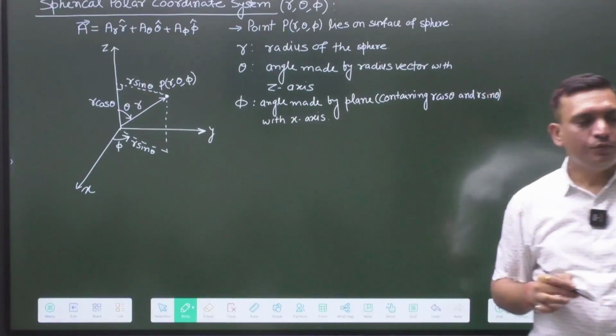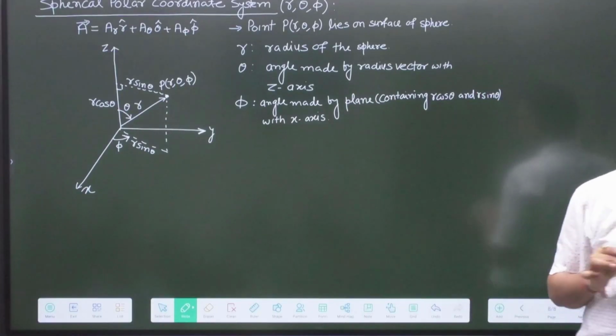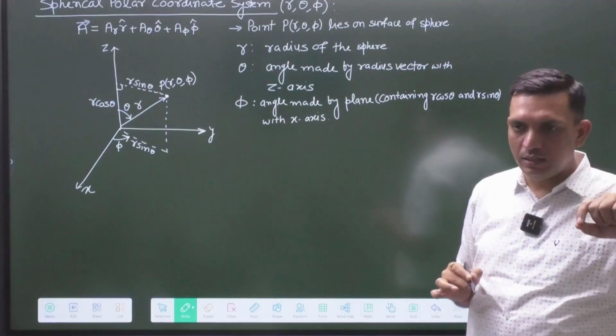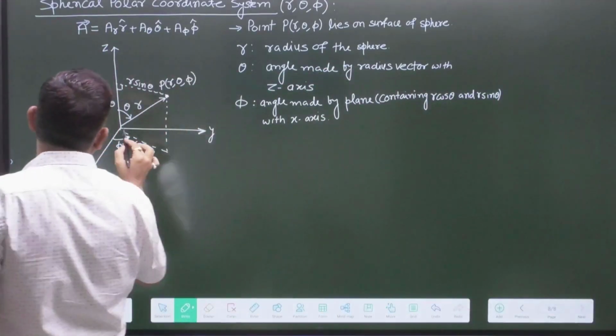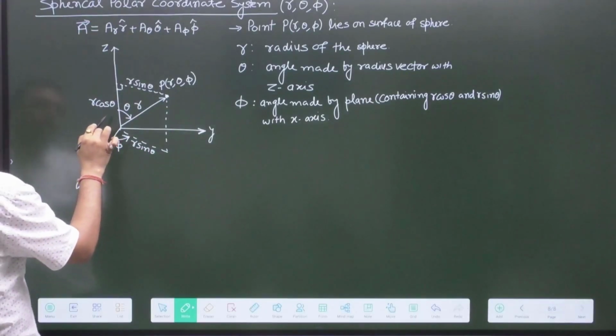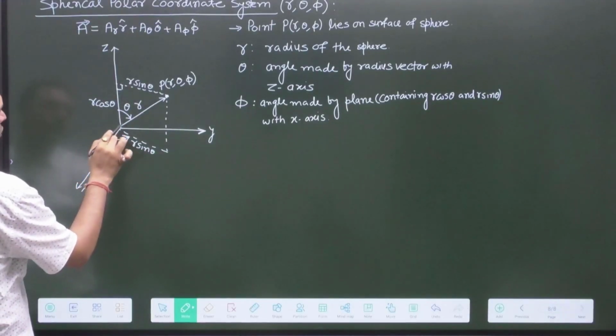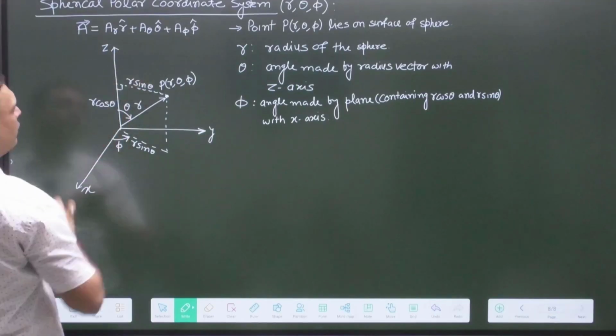That is the angle phi. So we have specified what is r, what is theta, and what is phi. Now let us first show the unit vectors.